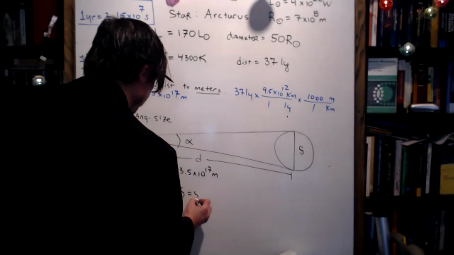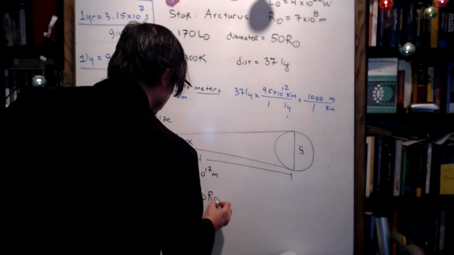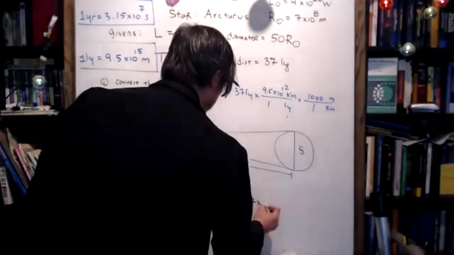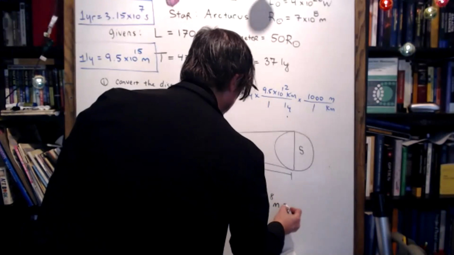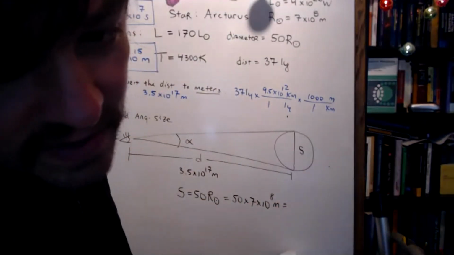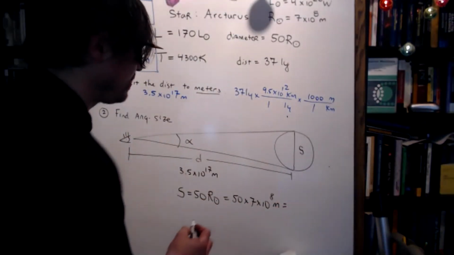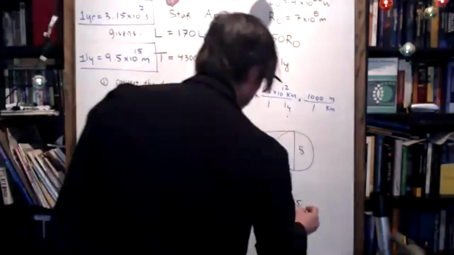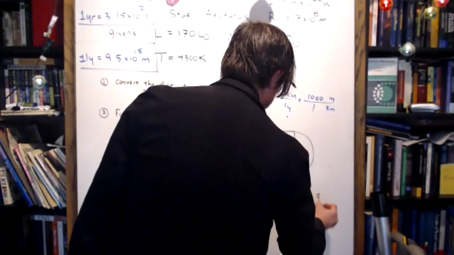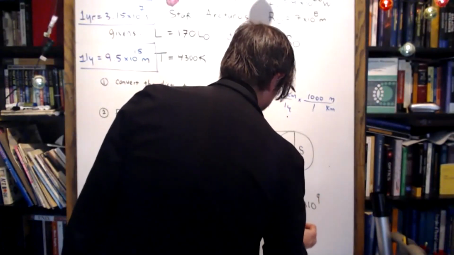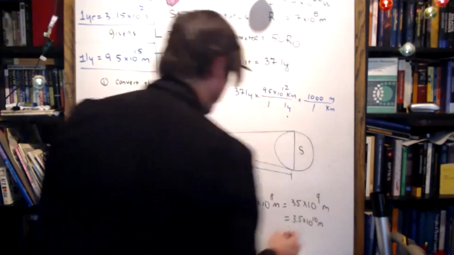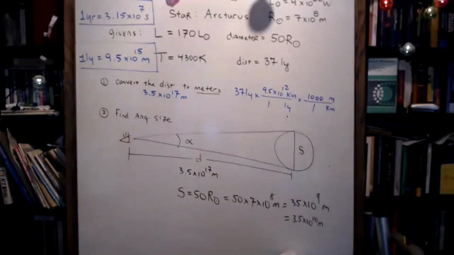S is the diameter. 50 solar radii is 50 times 7 times 10 to the 8 meters. 5 times 7 gives us what? 35. 8 plus 1 is 9, or 3.5 times 10 to the 10 meters. I did that right, correct? Yeah.